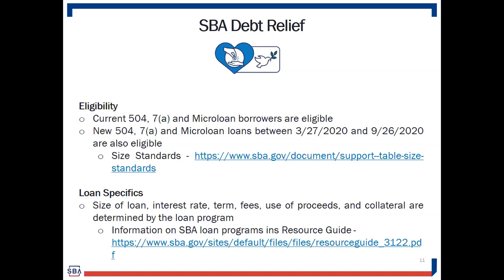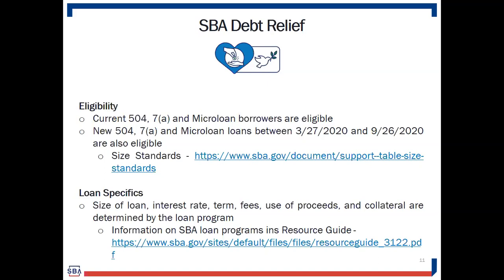It doesn't cover things like working capital or startup costs. The 7A program, on the other hand, has a much broader use. It could be used for real estate, but it can also be used for working capital, and for purchases of any types of equipment.